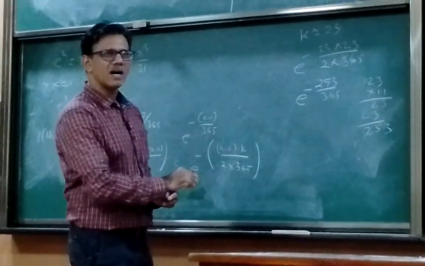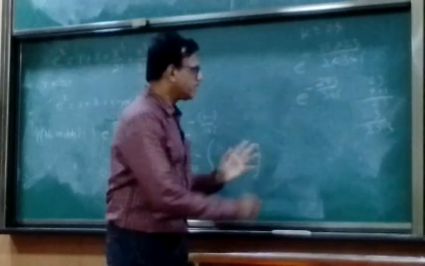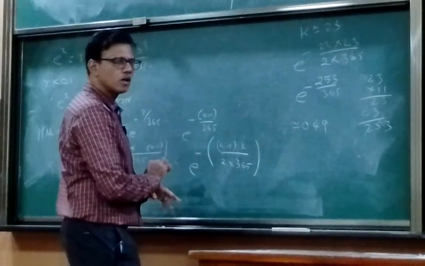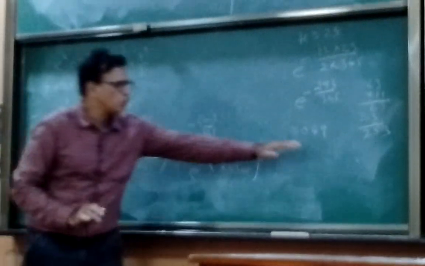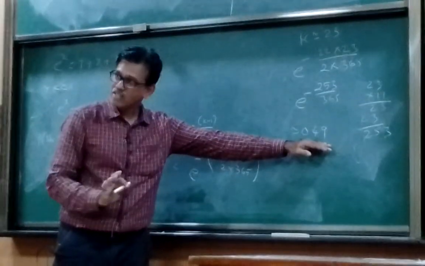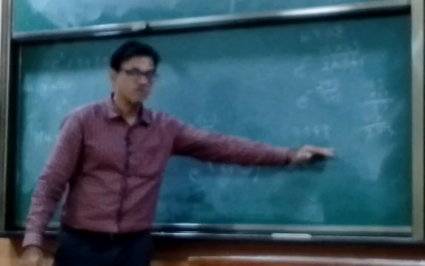You can find out this is about 0.7, and e power of that is of the order of 0.49. So the probability of no match is 0.49, or the probability of a match is at least 0.5.